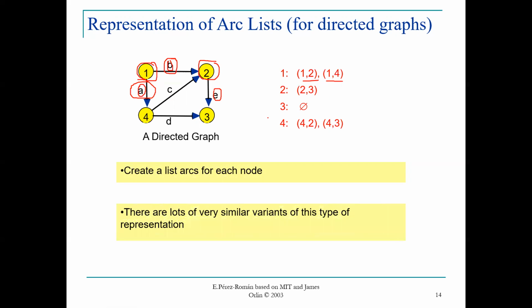So this is another way of representing directed graphs. This is called the representation of arc list. And there are lots of very similar variants of this type of representation. We have discussed 4 different representations as part of this lecture, but there are more than that.